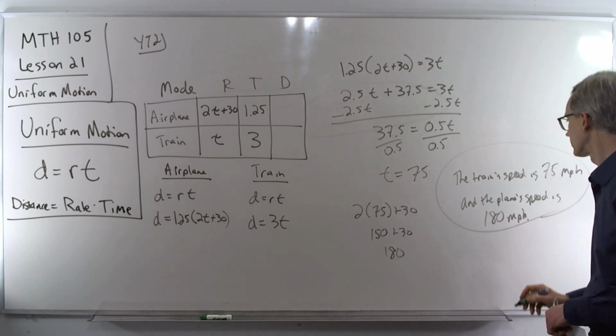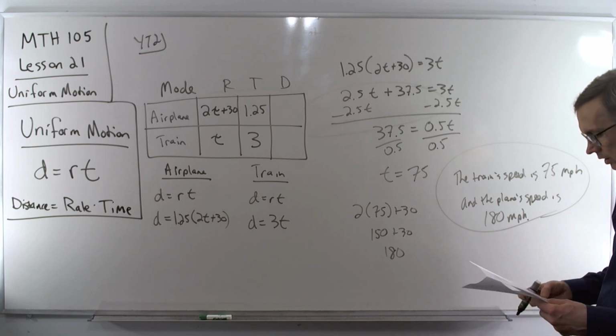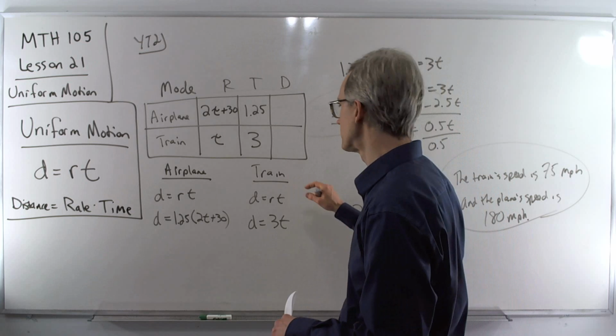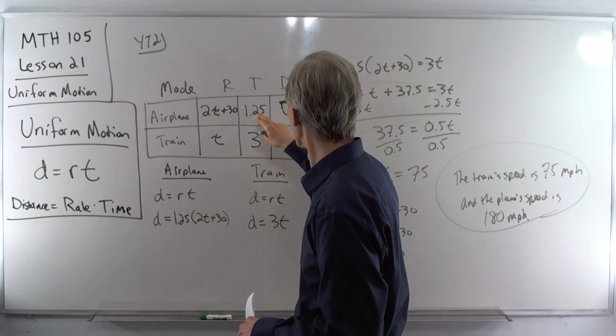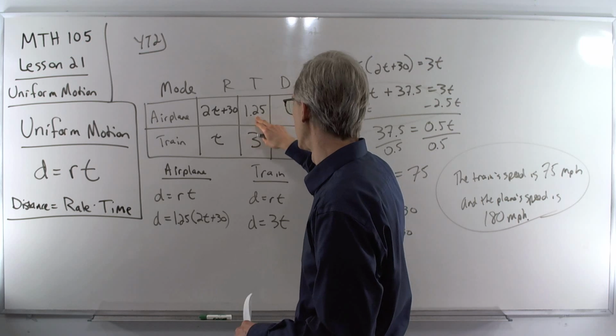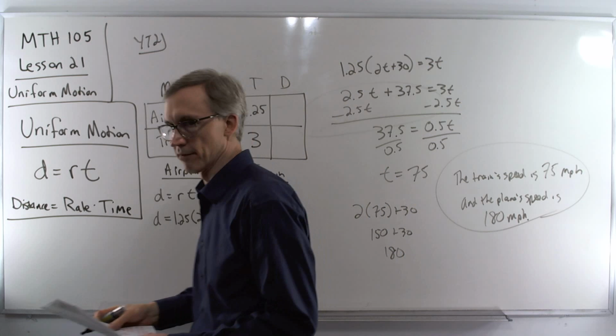So we got 75 for the train speed and 180 for the plane speed. Now to check, we'll take the plane speed, 180 times 1.25. That gets us 225. And then train speed is 75 times 3, again, 225. So that checks.